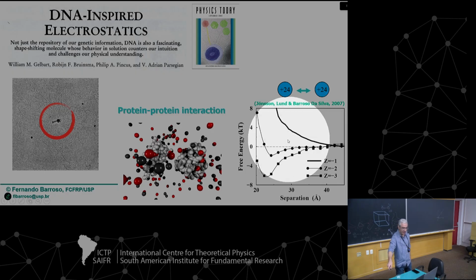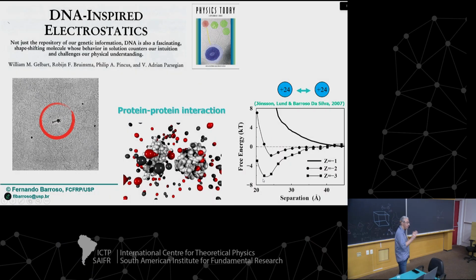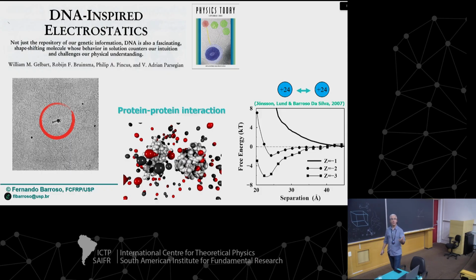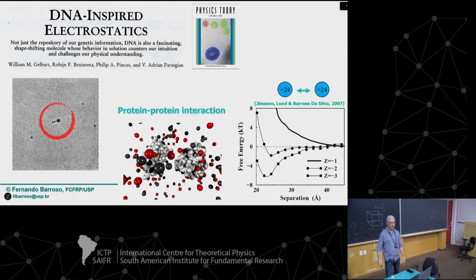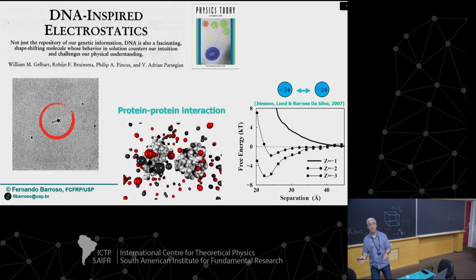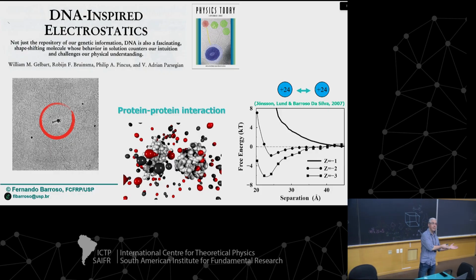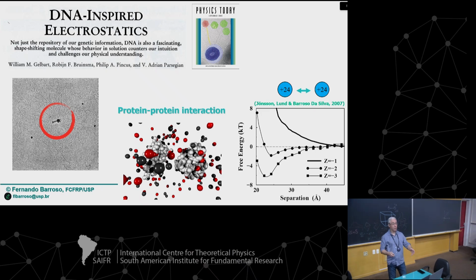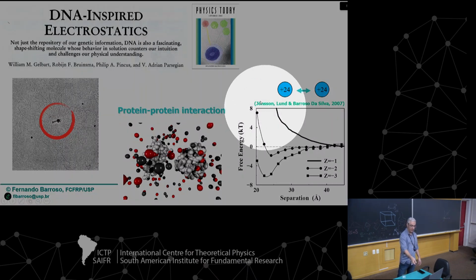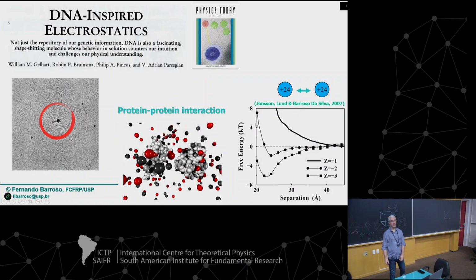When I change the valency from -1 to -2 and -3, it starts to be more and more attractive. The only difference is, again, the valence of the counterions. You can do something similar playing with the dielectric constant, by the way. But never mind. It's just to give you a feeling that it's possible to see an attraction of 2 like-charged objects, either in experiments or in a theoretical calculation, like you can see here, just playing with the valence of the counterions.